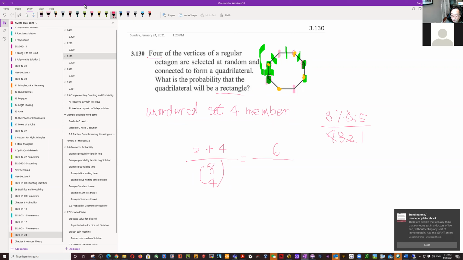So we get 2 multiplied by 5 equals 10, so it's 70 on the bottom. So this is 3 over 35 after we cancel out 2. So this is the answer.